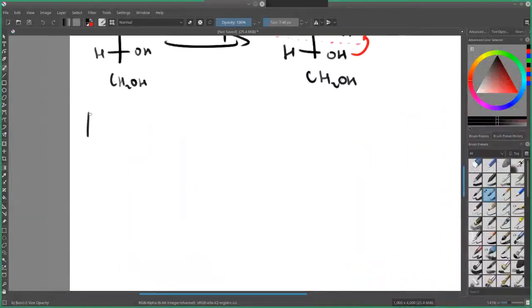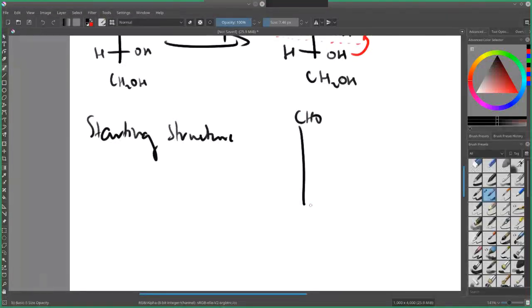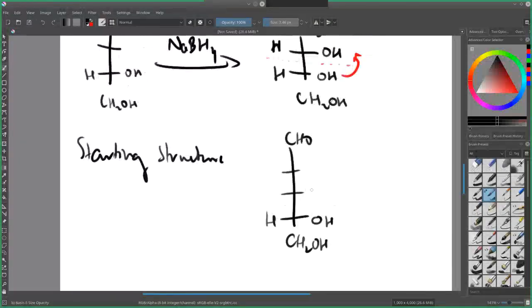So the final structure, or I guess the starting structure, has an aldehyde up at the top, so it's an aldose, and then CH2OH. It's a D sugar, and then there's two more carbons. So we know that this one right above was on the right, and same thing with the one up here, actually.